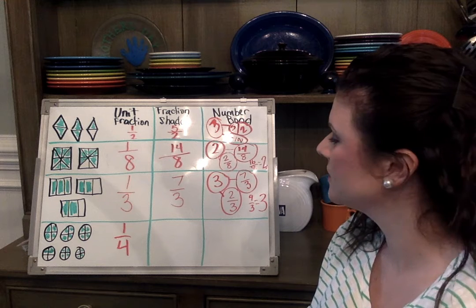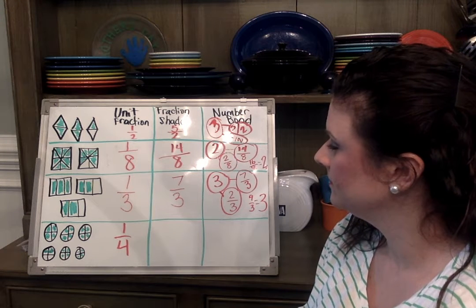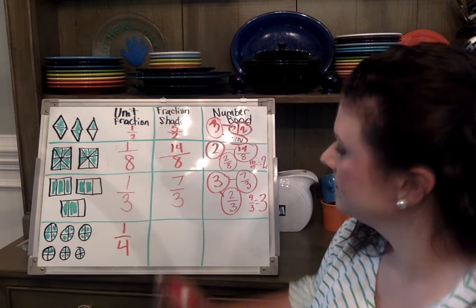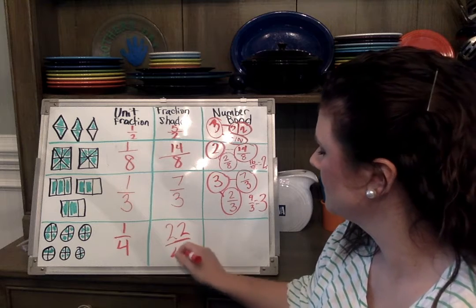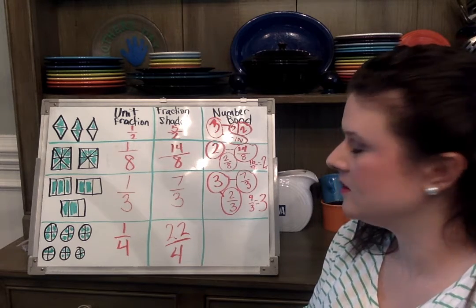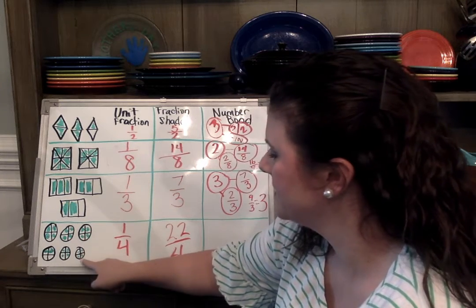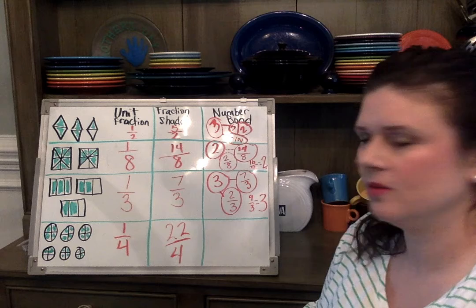What fraction of the circles are shaded? 22 fourths. 4, 8, 12, 16, 20, 21, 22.